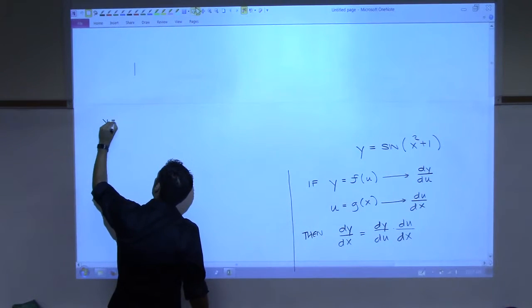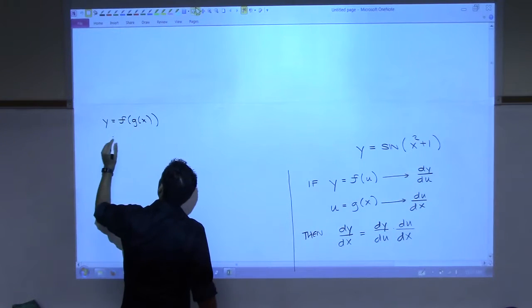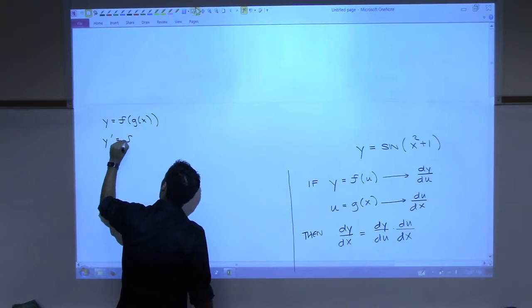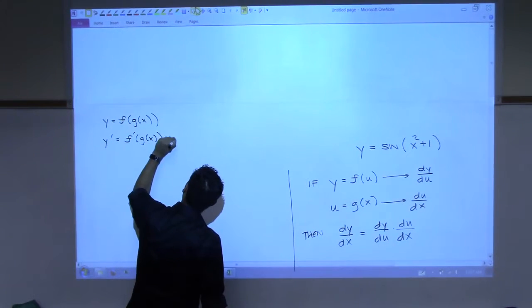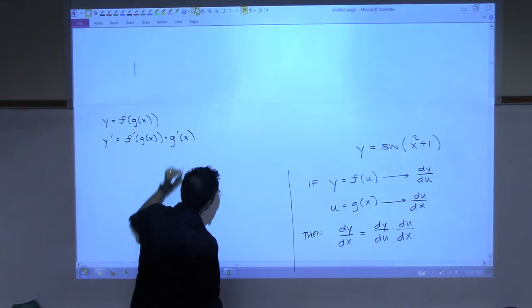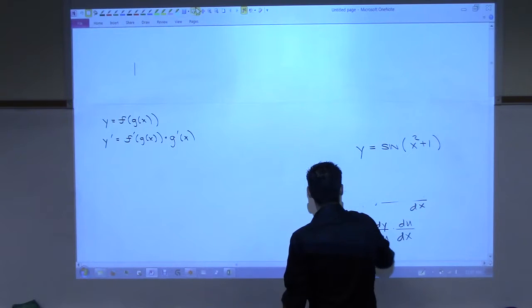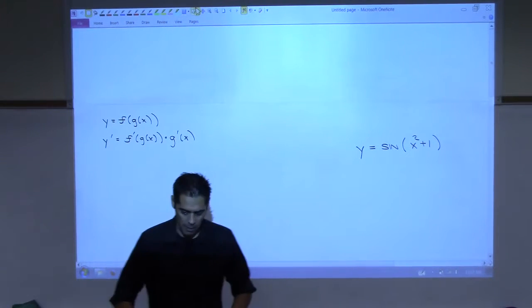Remember, if y is equal to some composition of functions of x, then y prime is going to be equal to f prime with g plugged in, and then times the chain, g prime of x. And let's start with this example, sine of x squared plus 1.